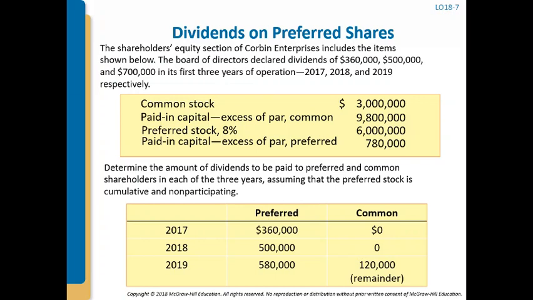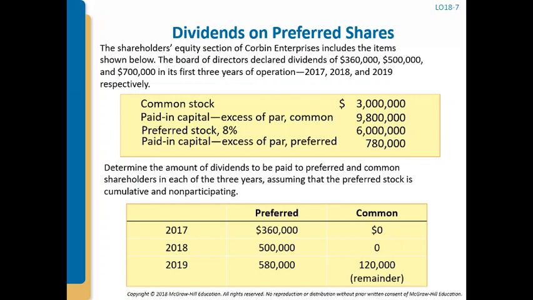And so there's a deficit there of $120,000. And so the preferred shareholders get all of the $360,000. $120,000 rolls to the next year to be paid, and the common shareholders get nothing in 2017.